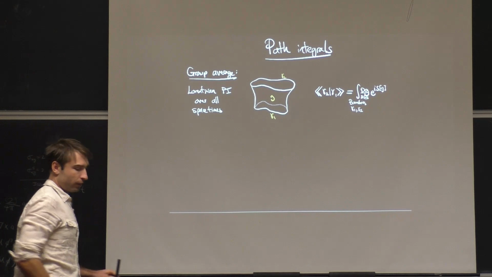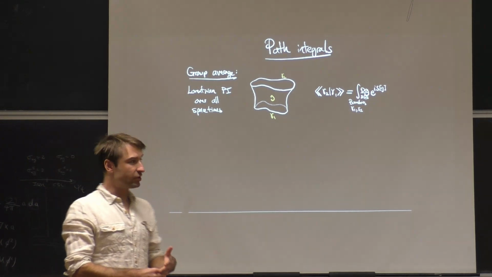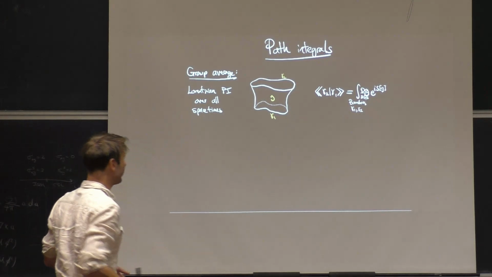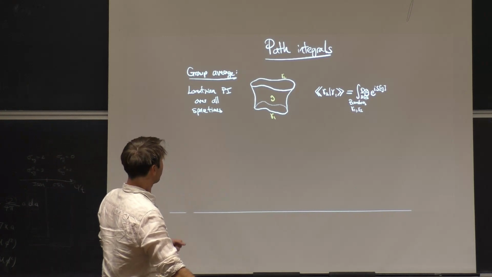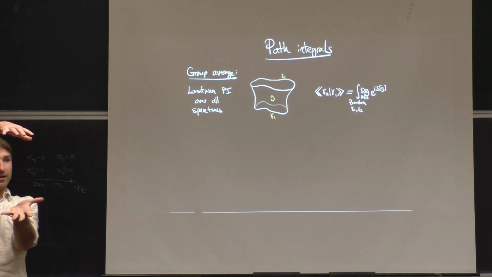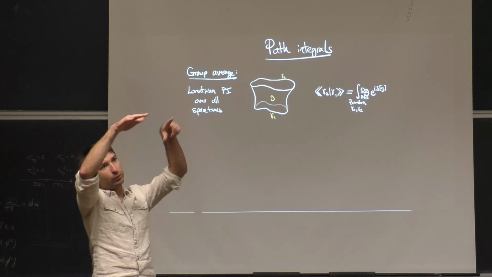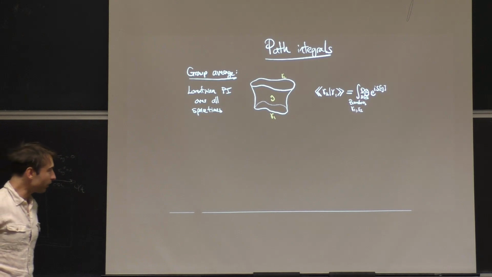So, the last important comment about this group average inner product is that it has a straightforward interpretation from the path integral. If you want to compute the inner product between, for example, two states that have definite spatial geometry, you just have to do the integral over all possible Lorentzian spacetimes that are bounded by this. It's important here that you allow both forward and backwards time evolution, so this integral is over the real line, not just positive values.